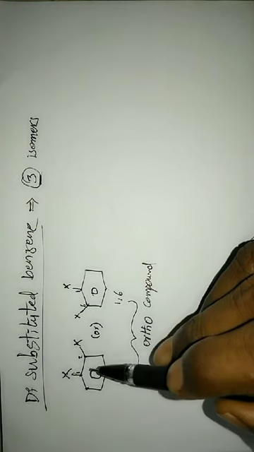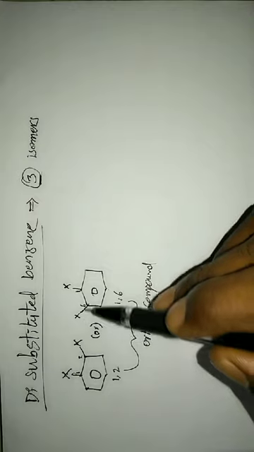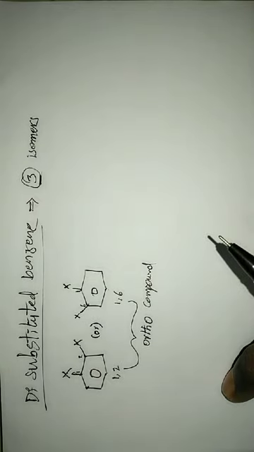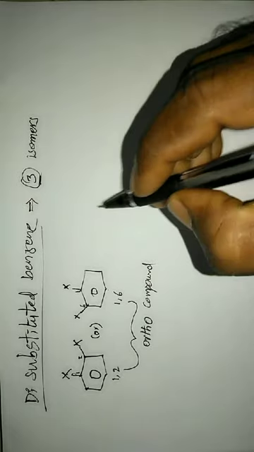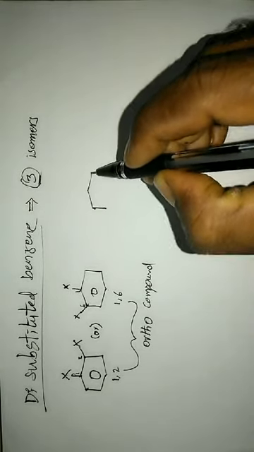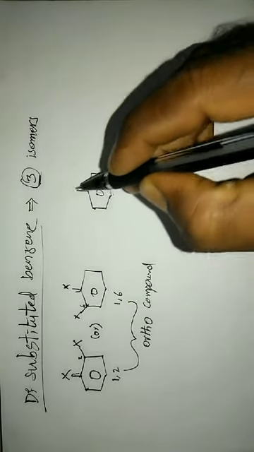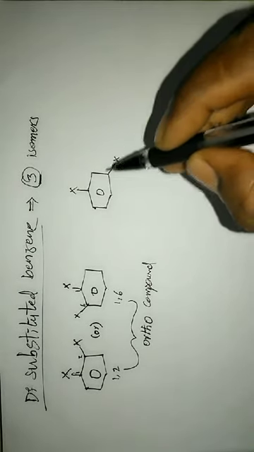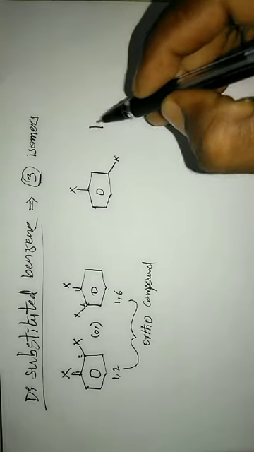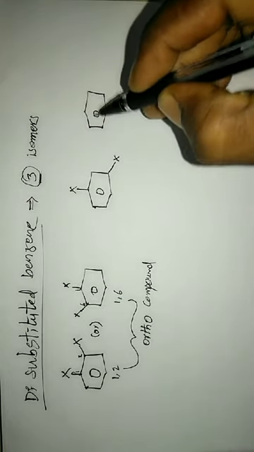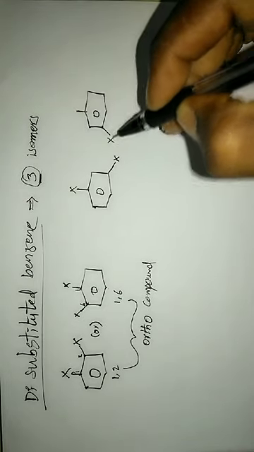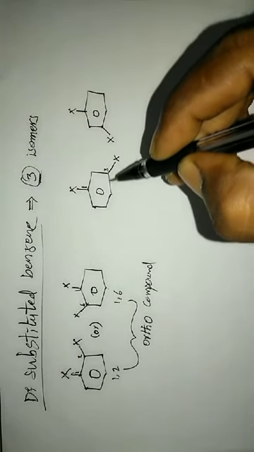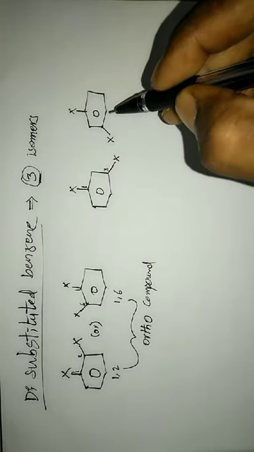Here, 1, 2 disubstituted benzene, this is one isomer. Similarly, take one more isomer, that is 1, 3 disubstituted benzene, or you can take 1, 5 disubstituted benzene. Here this is the first position, second, third position, 1, 2, 3, 4, 5.